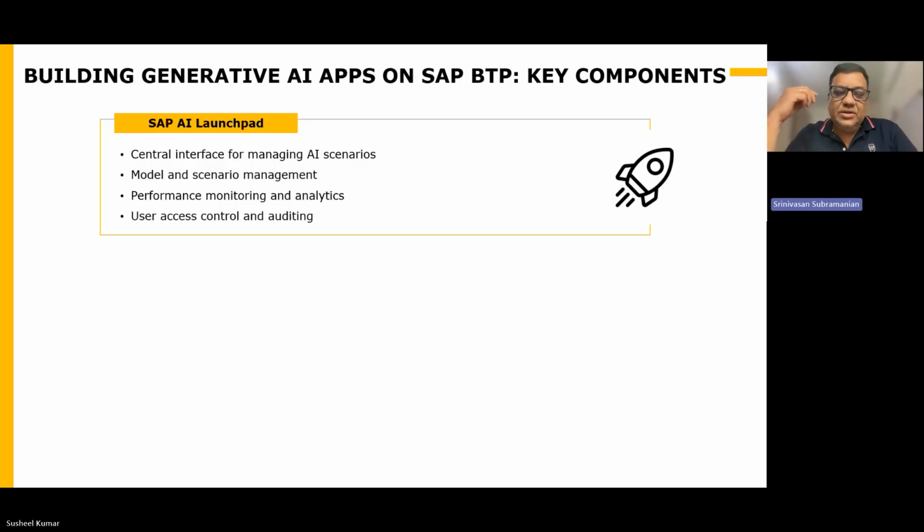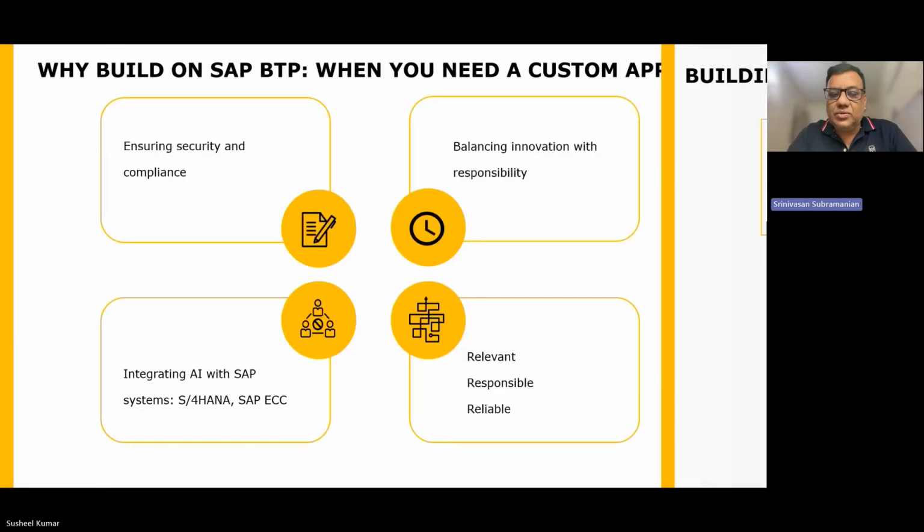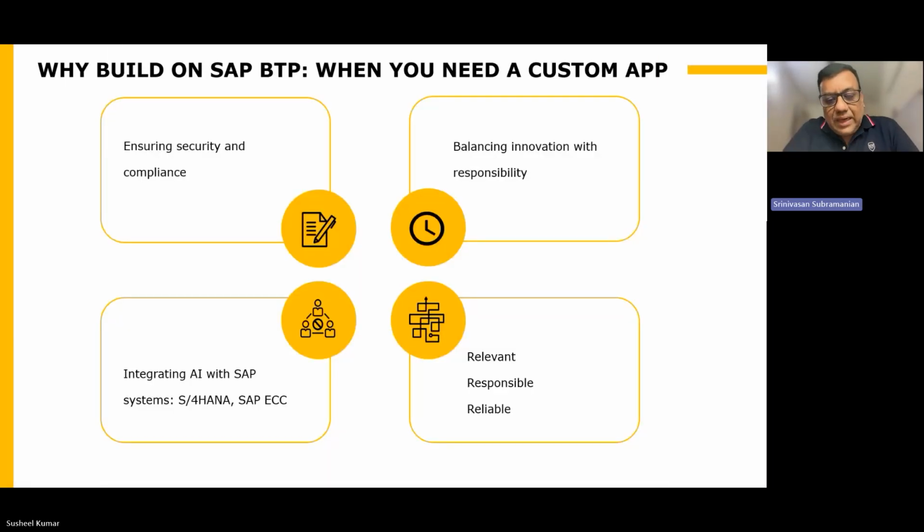But Sushil, can you just go back to the previous slide for a second? I just want to cover one topic in that. Yeah. The last box, I think, is really the key when it comes to building GenAI apps on BTP, right? What SAP really looks at is what they call the 3 Rs, which is relevant, reliable, and responsible.